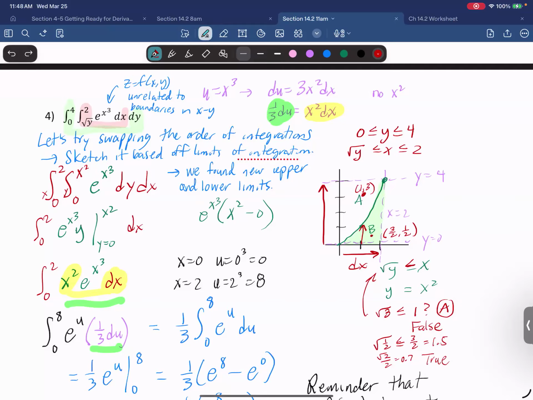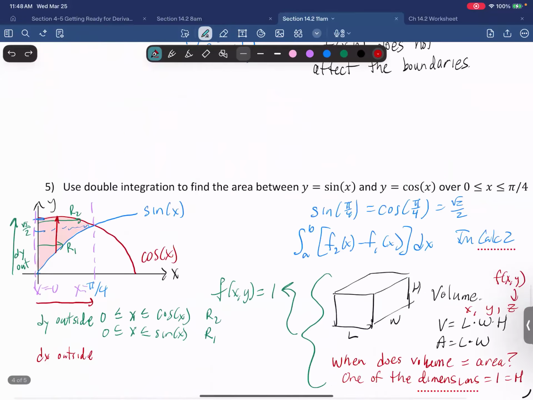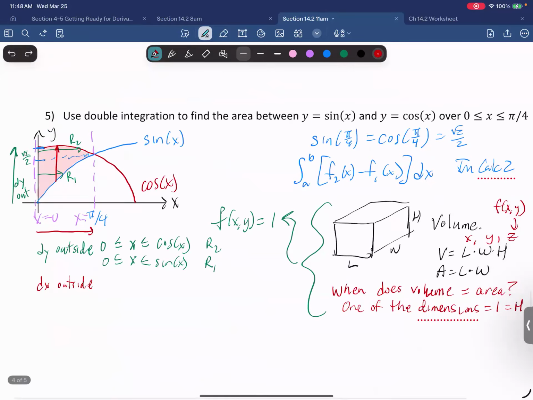We can't do dx on the inside. So if switching to dy makes us do two double integrals or 8 double integrals, either way, it's doable at that point, whereas dx on the inside's not. So sometimes you have to switch. But if you don't have to switch, don't switch. Go with the easiest setup.